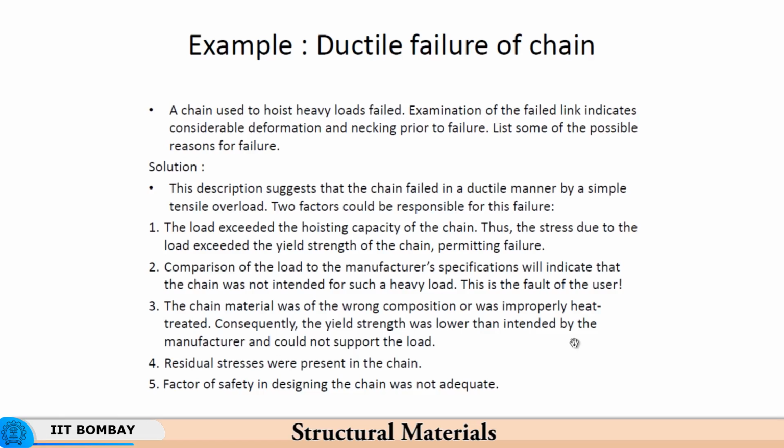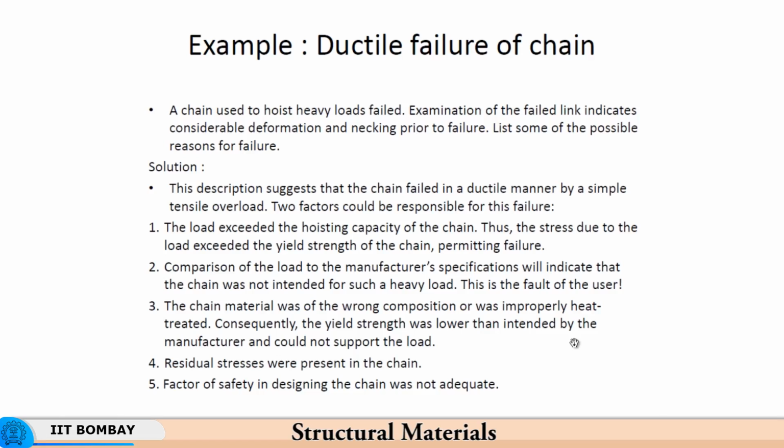So, the cross section continued to get depleted over a period of time, and that led to a neck formation in one of the chains, and you know that the chain is as strong as the weakest link. Whenever a neck forms in one of the links, it is a perfect recipe for failure because there is no further ductility left in the material. The failure will be very rapid.